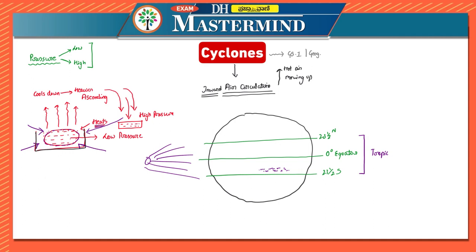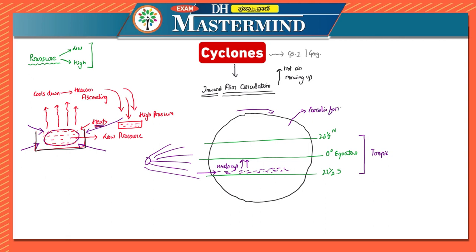Because the sunlight is falling on this ocean also, the air on this particular region heats up, and like we have seen, hot air ascends, it goes up. Along with that, the earth is also rotating, right? The earth is revolving and also rotating, and because of that rotation there is the Coriolis force.